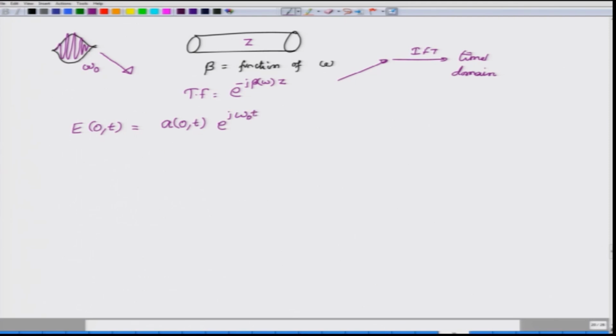So, this is a simple modulation, a double sideband kind of modulation. This carrier is at omega 0, and what would be the spectrum if I take the Fourier transform? The spectrum would be E of 0, omega, but that would be A, the capital letter A standing for the Fourier transform notation. So, A 0, omega minus omega 0.